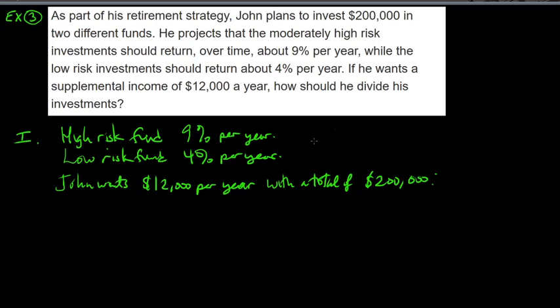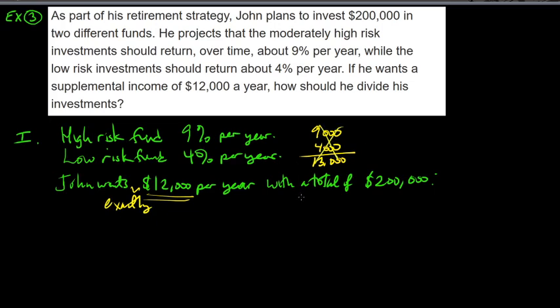After all, 9% of 100,000 is only $9,000, and 4% of 100,000 is $4,000. So that gets us 13,000, which is more than 12,000, but that's not what we want. We want exactly 12,000.